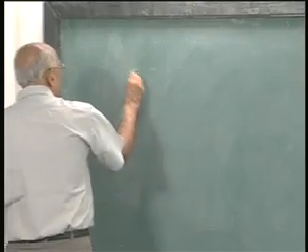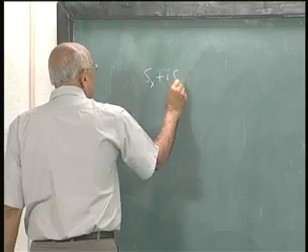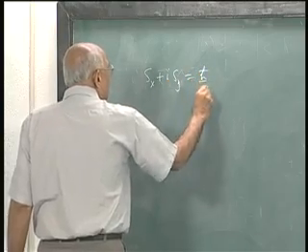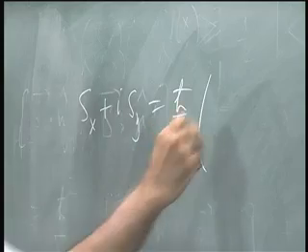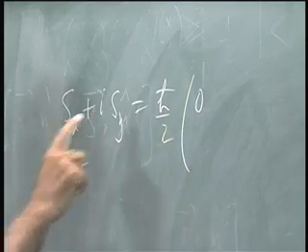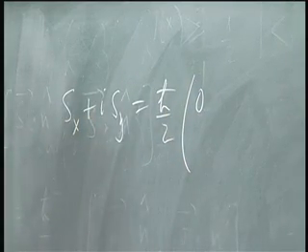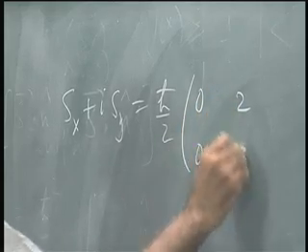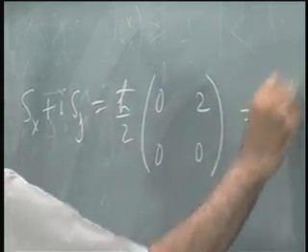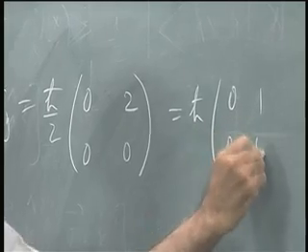By the way, what is Sx plus i Sy? It is h cross over 2 times sigma x plus i sigma y. Sigma x has a 0 here, sigma y has minus i on top, so it becomes 2, and then it has 0 and a 0, which is h cross times 0 1 0 0.